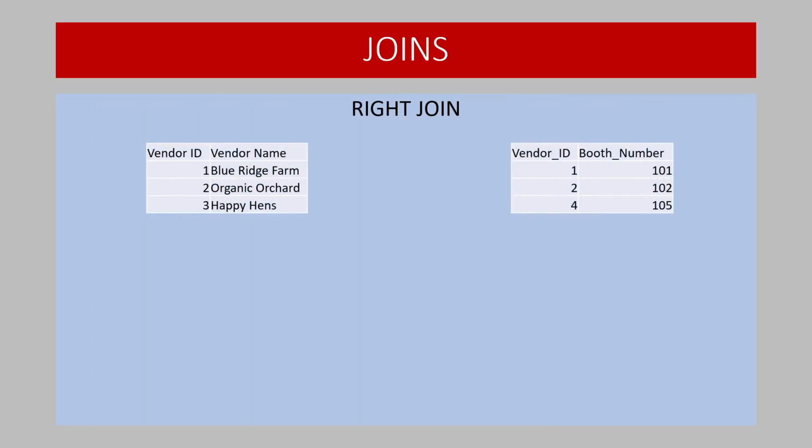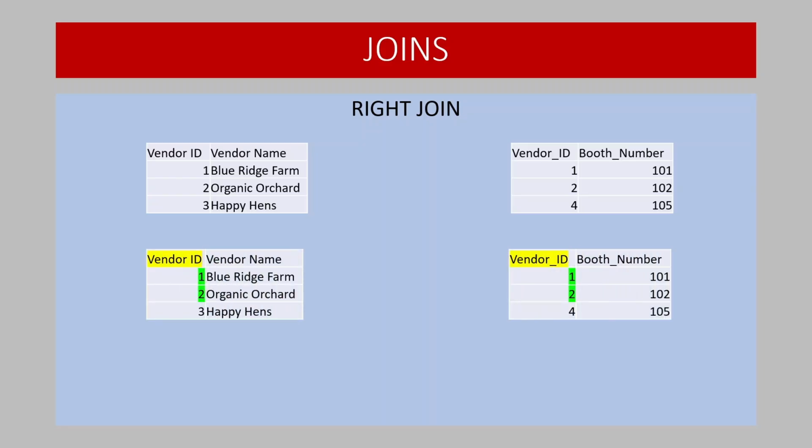I have the same two tables, table 1 with vendor ID and vendor name, and table 2 with vendor ID and booth number. In the same way, vendor ID 1 and 2 are common in both tables, and if we use right join, as per the definition, it takes all the IDs from the right table and the matching IDs from the left table.